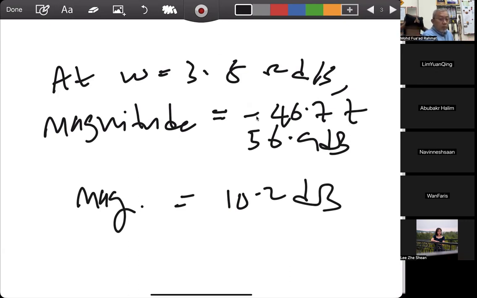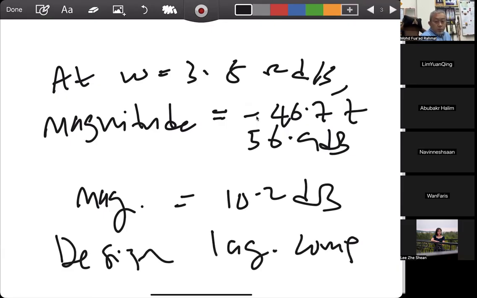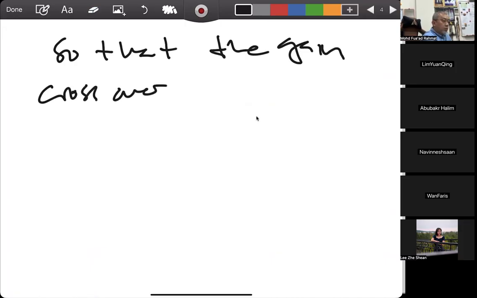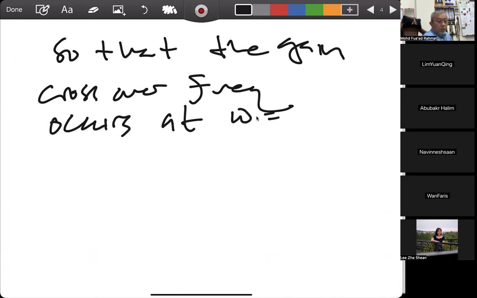So we need to design a lag compensator, okay, so that the gain crossover frequency occurs at omega 3.8 radian per second.